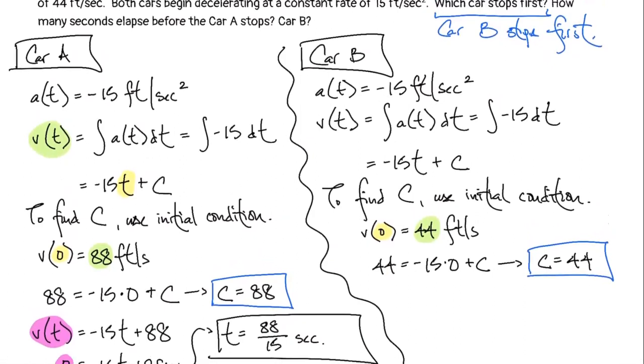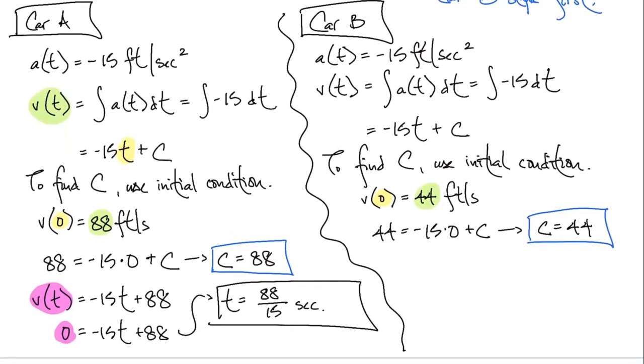Now we want to know how long it takes for car B to come to a stop. Can I still set my velocity equal to 0? Is that part still okay? It is still okay because we're looking for when it comes to rest.